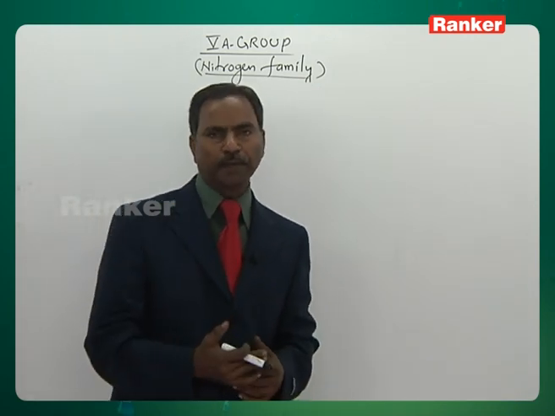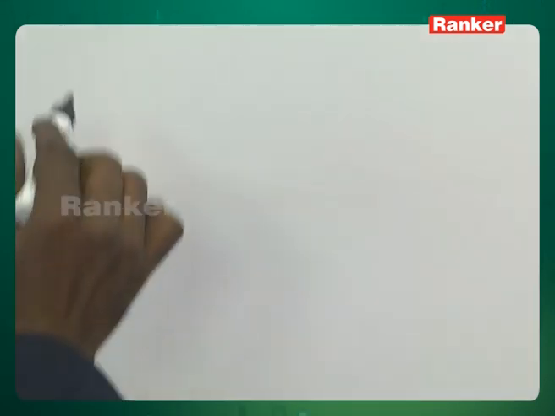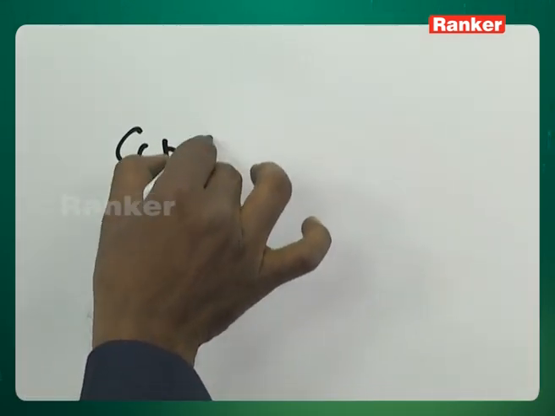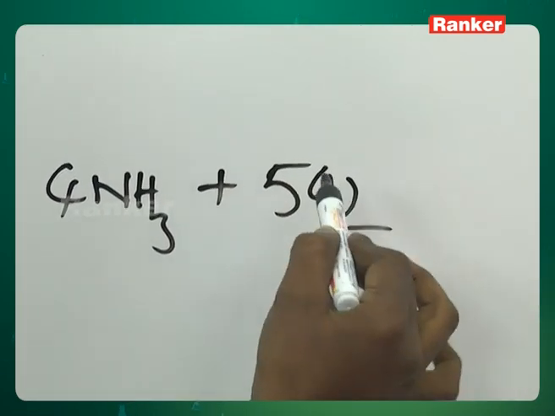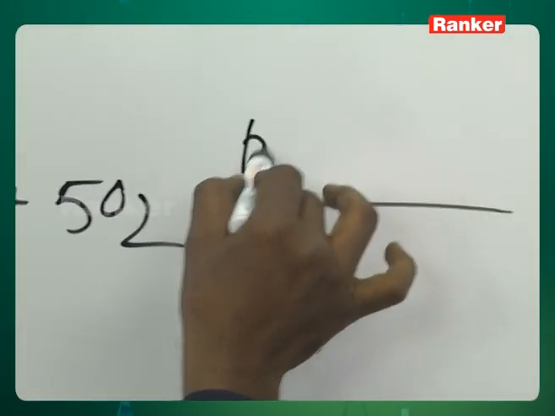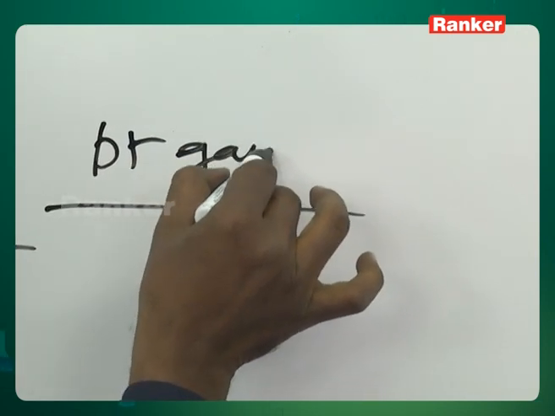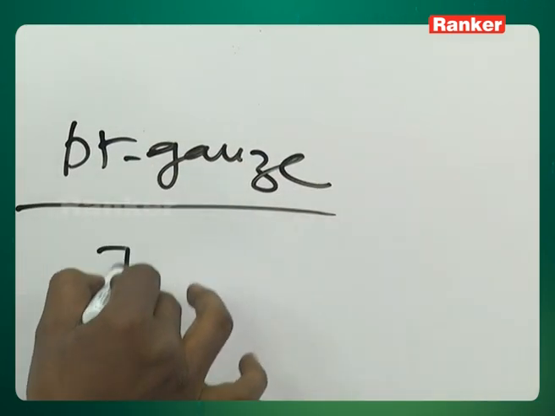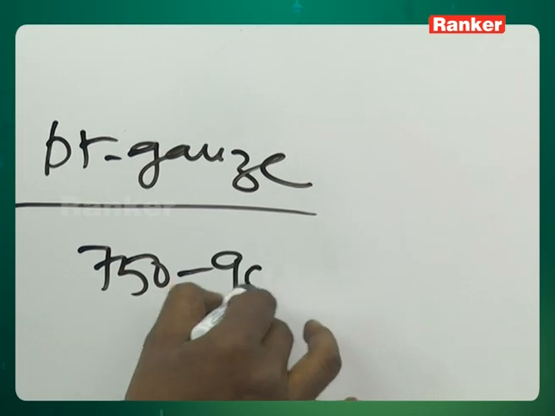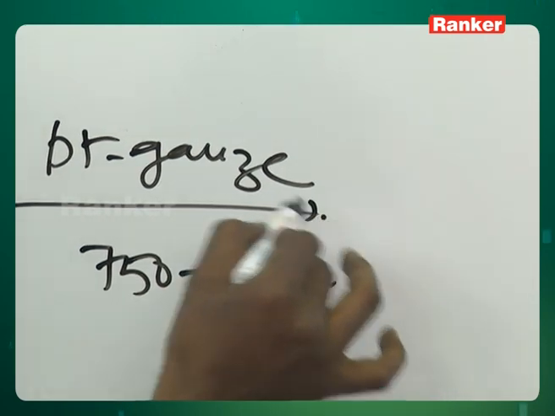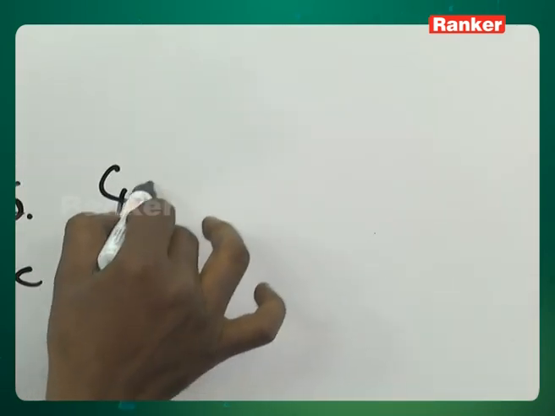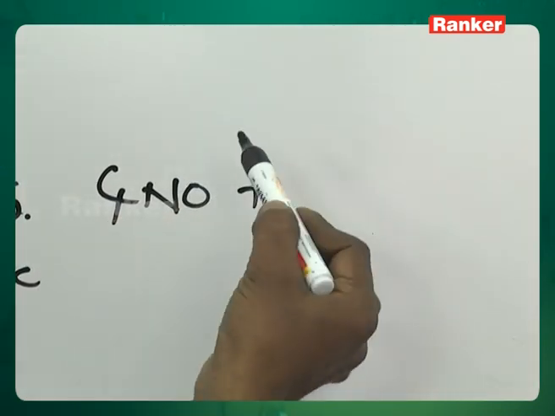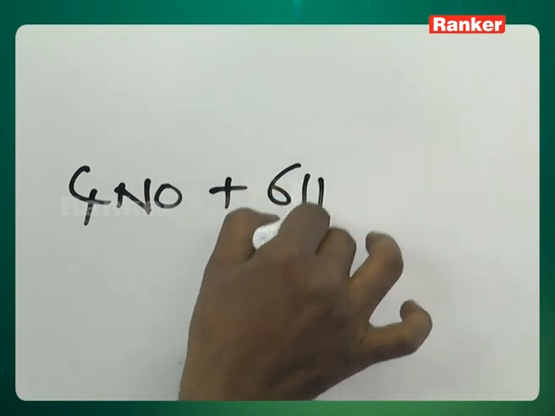This represents Ostwald's process. 4NH3 catalytic oxidation, 5O2, platinum gauze, nearly 750 to 900 degrees centigrade, very high temperature. You are getting 4NO plus 6H2O.